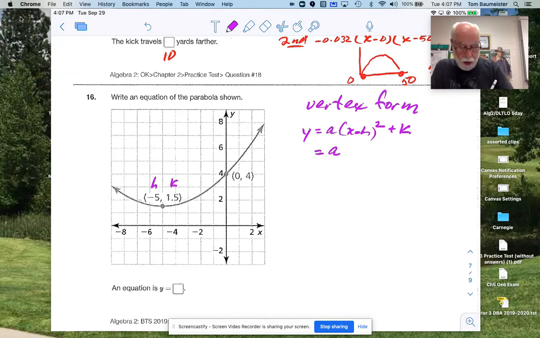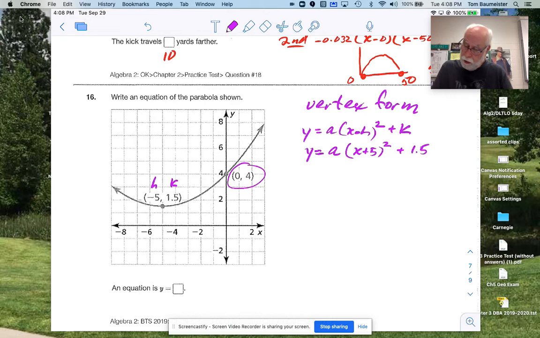So I'll have a, and then I'll have (x plus 5) quantity squared, and our k is plus 1.5. All right, and that's for our y. Now we're going to take this point and plug it in.